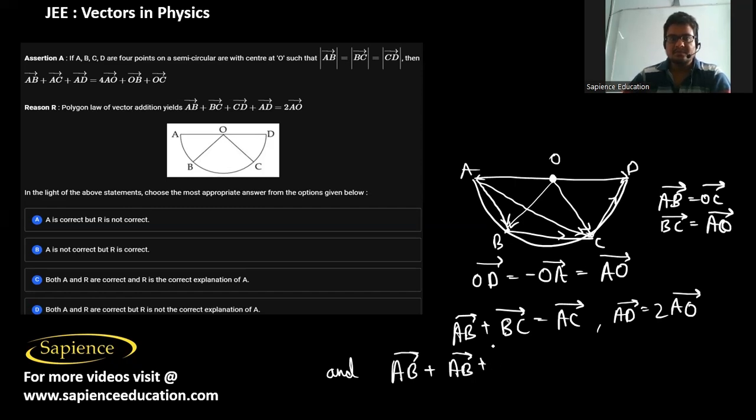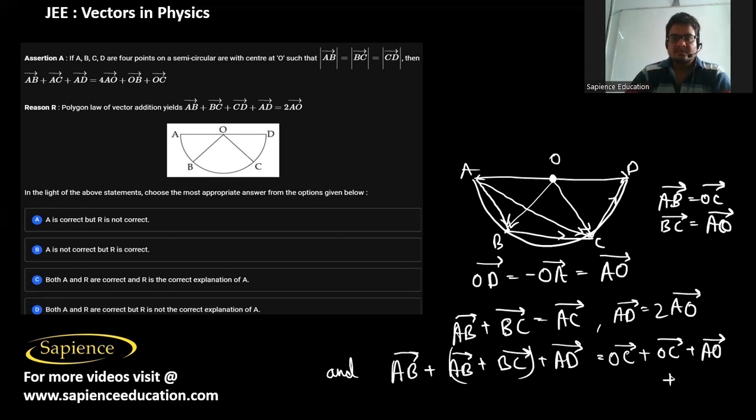So AB plus AB plus BC plus AD, since AB plus AC is equal to AC, that will be equal to AB, that is OC vector, plus AB vector again, that is OC vector, plus BC vector, that is AO vector, plus AD vector. AD vector equals 2AO vector.